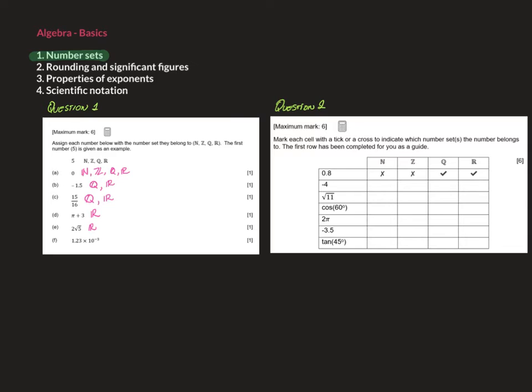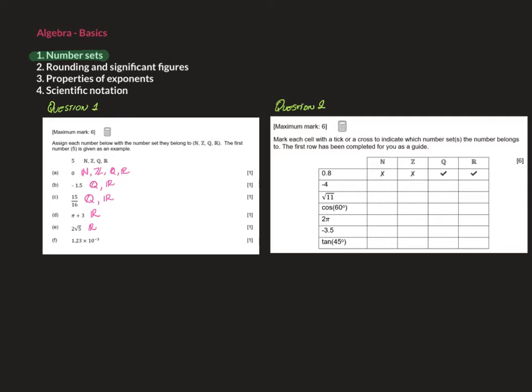And then the last one is 1.23 times 10 to the power of minus 3. So if you're not familiar with this, it is scientific notation, and we are going to address it in this lesson towards the end. 1.23 times 10 to the power of minus 3 is a number that is decimal. The integer part of that decimal is 0, so it's 0.00123.